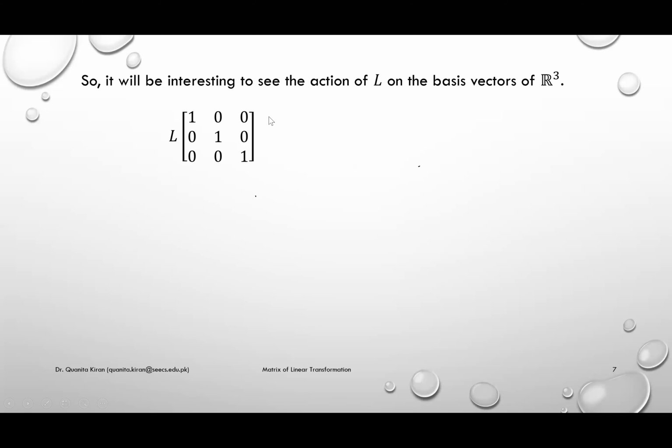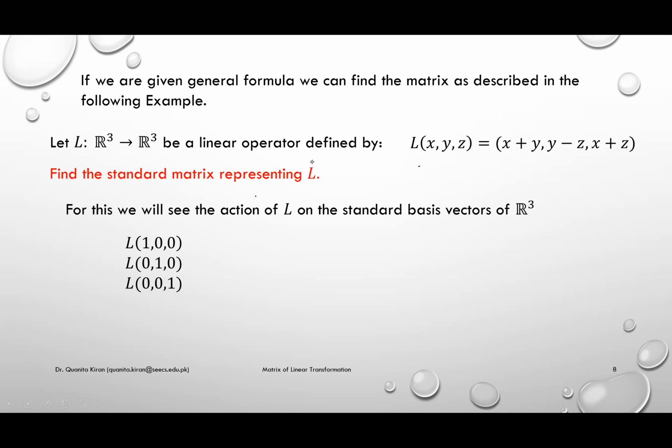Now, to see how the matrix of that linear transformation can be determined, we put the basis vectors of R3 into a matrix and apply L on this matrix, and we simply write the images of all three vectors.